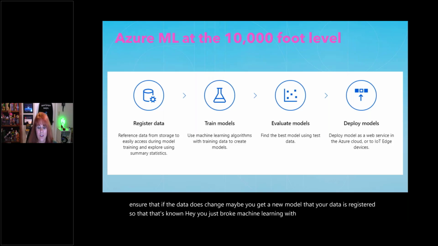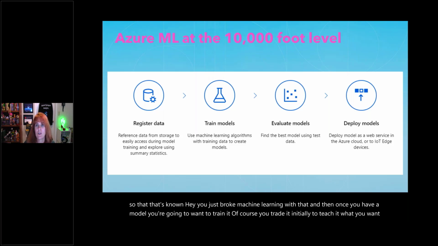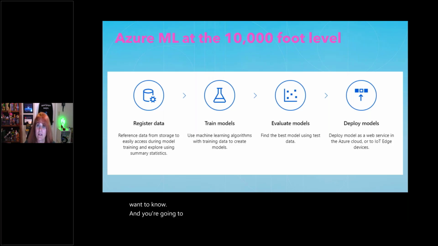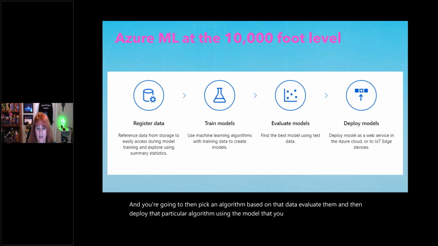And then once you have a model, you're going to want to train it. Of course, you train it initially to teach it what you want to know. And you're going to then pick an algorithm based on that data, evaluate them, and then deploy that particular algorithm using the model that you trained. So that's really what Azure ML does.